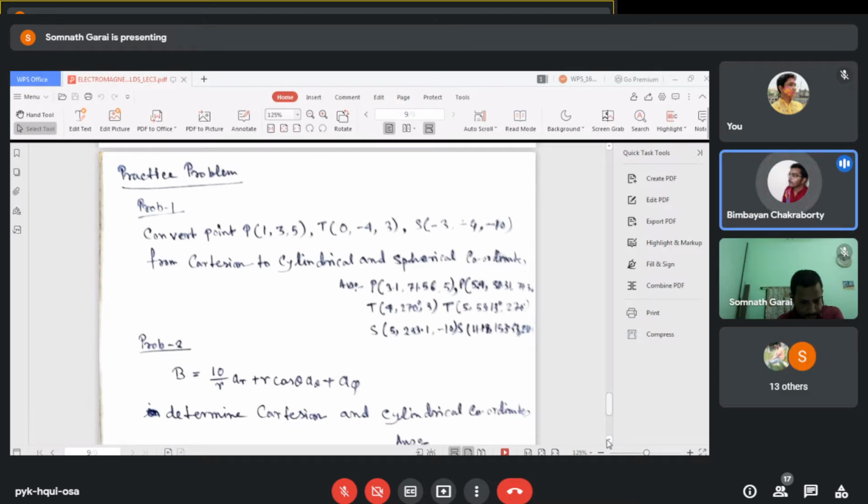Should we find the cylindrical first? First you determine the cylindrical coordinates of P, Q and S, then the spherical coordinates of P, Q and S.